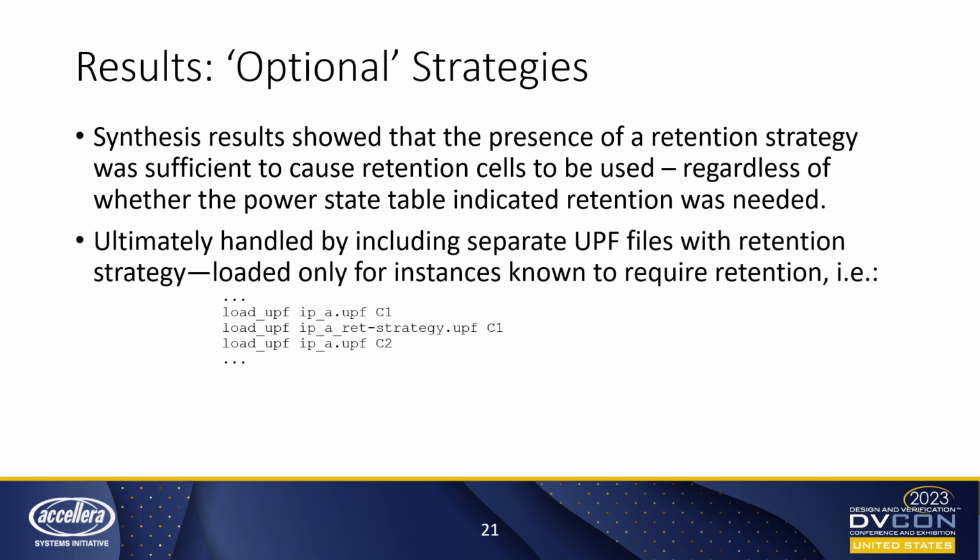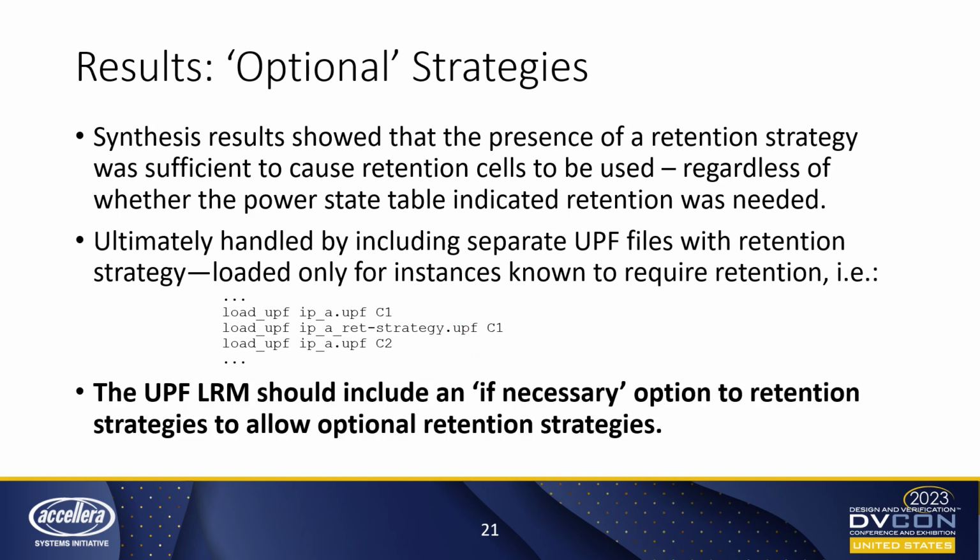We ultimately handled this by having teams provide separate UPF files for retention strategies, which we'd load only where needed. In this example, we're only loading the retention strategy for C1, which is switched off. We believe the UPF LRM should be enhanced to include an if-necessary option for retention strategies.